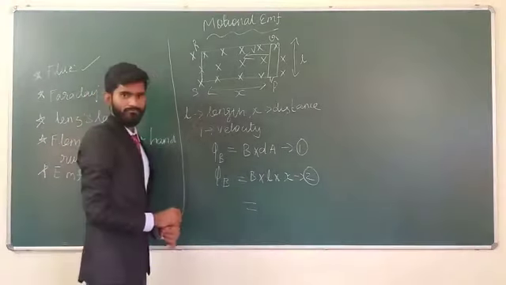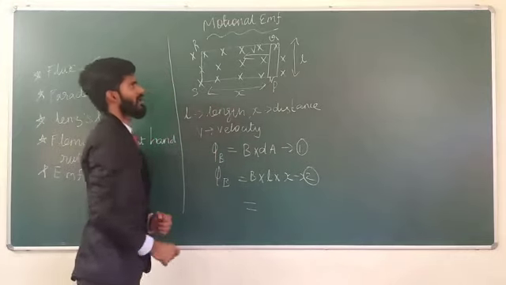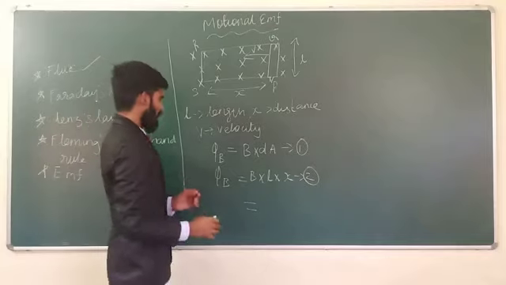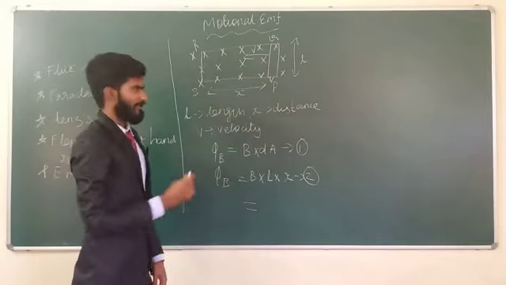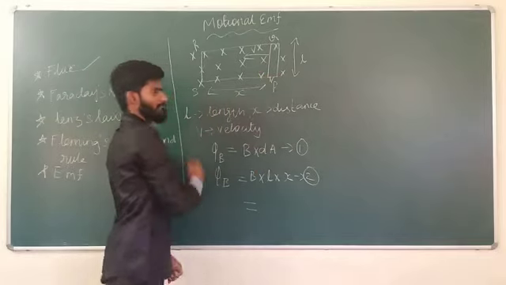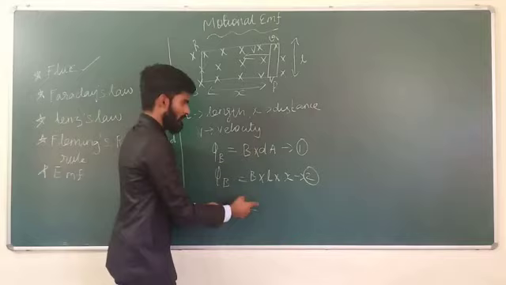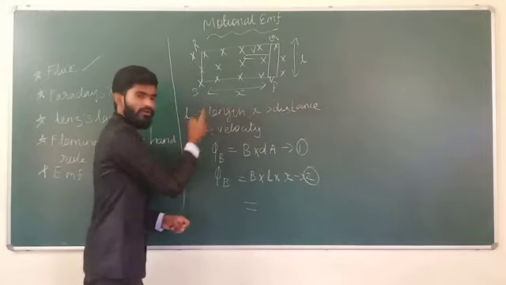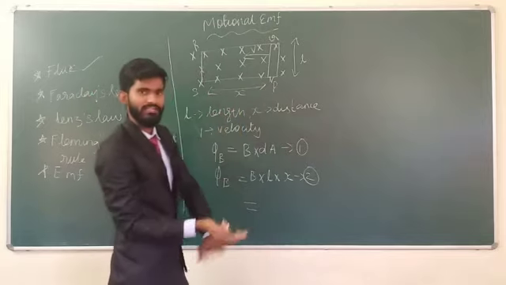Faraday's law is saying change in magnetic flux. What is the change in magnetic flux over here? As we already found the flux at the initial condition, now the conductor is moving, so the flux is changing with respect to time.